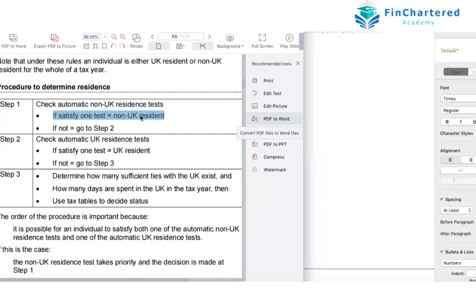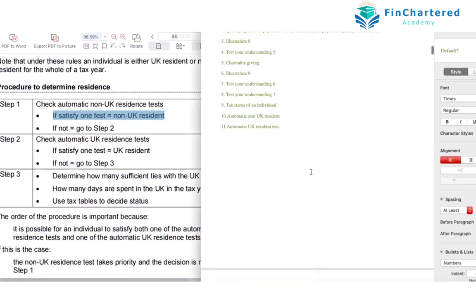Right? But now there are certain criteria. Maybe you don't fall in the first category or you don't fall in the second category. Say, for example, you were in the UK for 80 days, but you don't have a full-time job somewhere else, and you don't have a full-time job in the UK either.